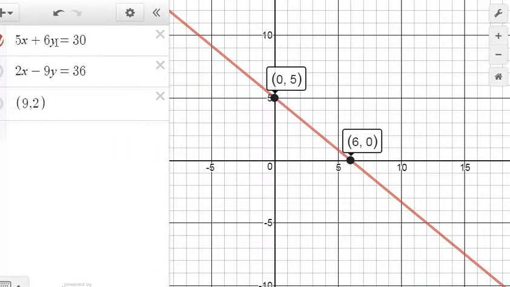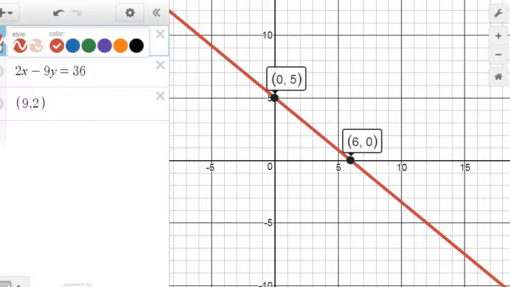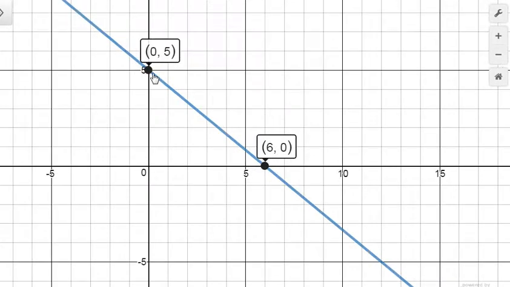But you can type in your equations, like 5x plus 6y equals 30. You can even change the color. Let's go for blue. There you go. But what you see here is your y-intercept and your x-intercept. Those points match our expectation. Eventually what we're going to do is use these 2 points along with at least one more to try and graph these linear equations. But for now, all we had to do is find those points.